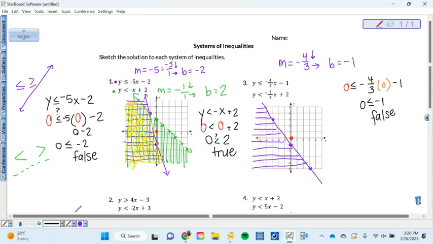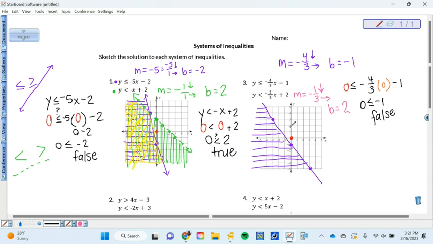Okay, and then I'll do pink instead. So let's look at the second inequality now. What's the slope? Just -1 over 3. So I go down 1 over 3, and my y-intercept is 2.